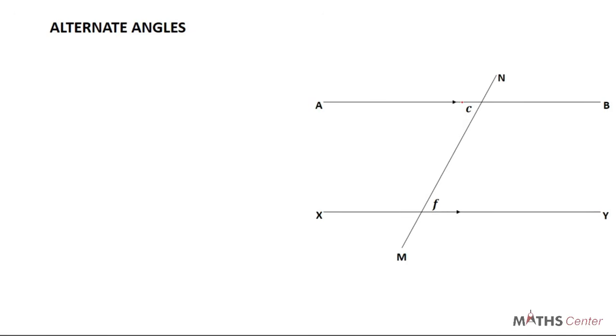We can also have this angle here, which is angle D. Then this angle here, which is angle E. So angles C and F and angles D and E are alternate angles.